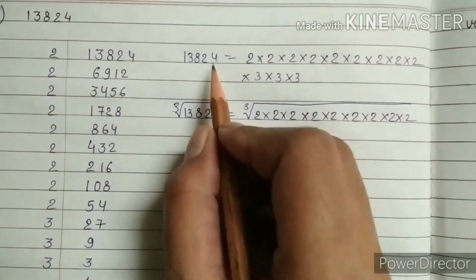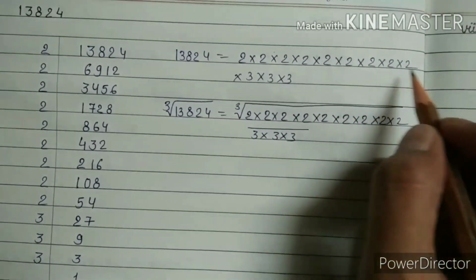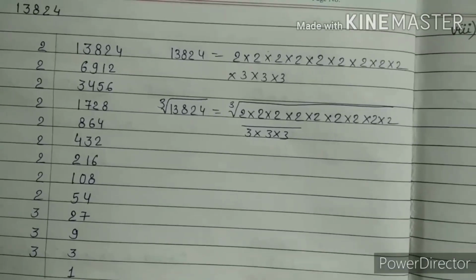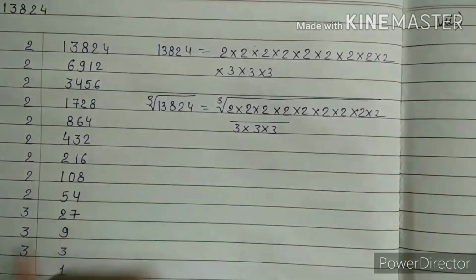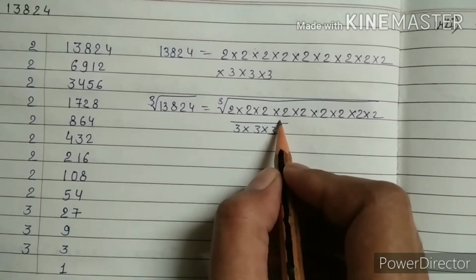Sixth is 13,824. Its prime factors are 2 nine times and 3 three times. So on both sides we have to put the cube root for taking the cube root. So here is the cube root and here is also the cube root.